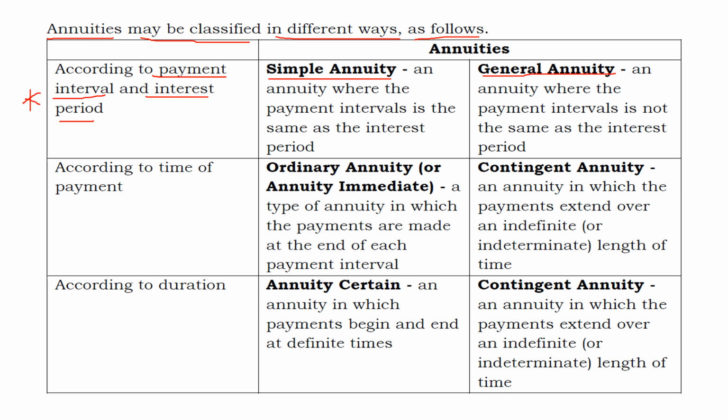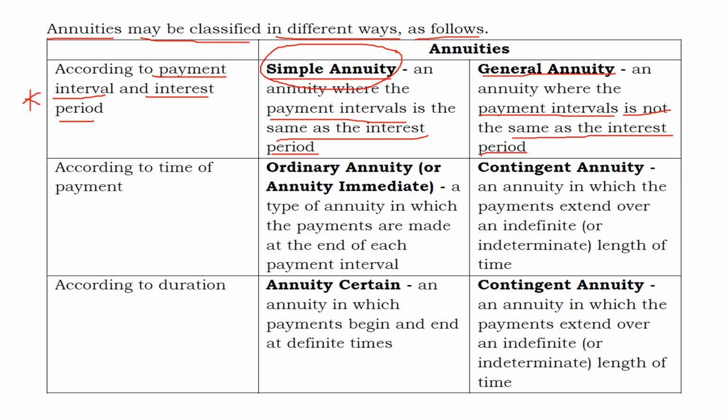When we say simple annuity, it is an annuity where the payment interval is the same as the interest period. When your payment interval is the same as the interest period, that annuity represents a simple annuity. While your general annuity is an annuity where the payment interval is not the same as the interest period.